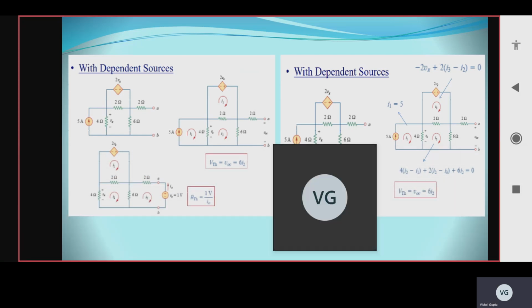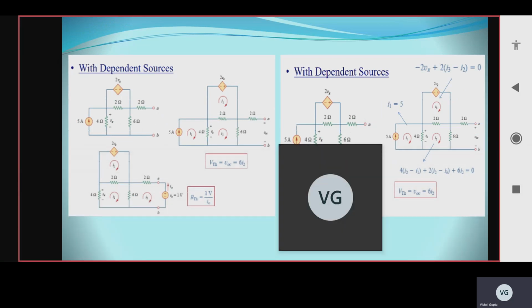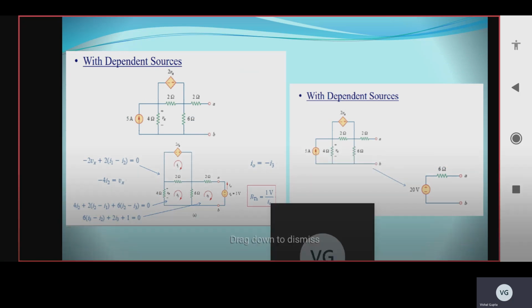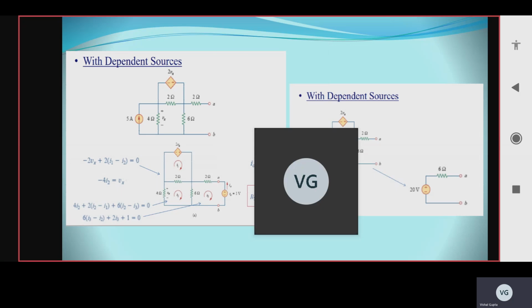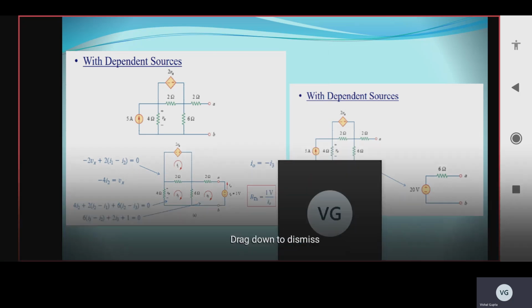Here we can see in the figure how I have solved this, step-wise: the first photograph shows the first two steps, and the other two photos show the third and fourth steps.